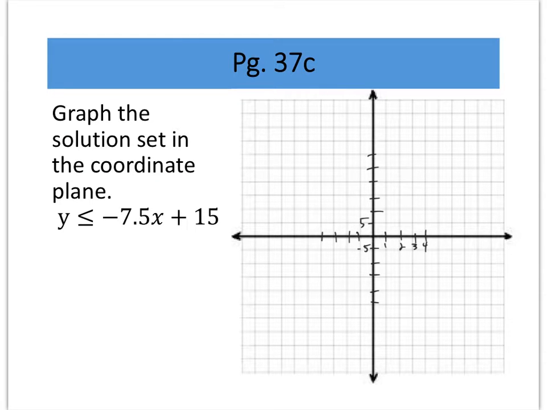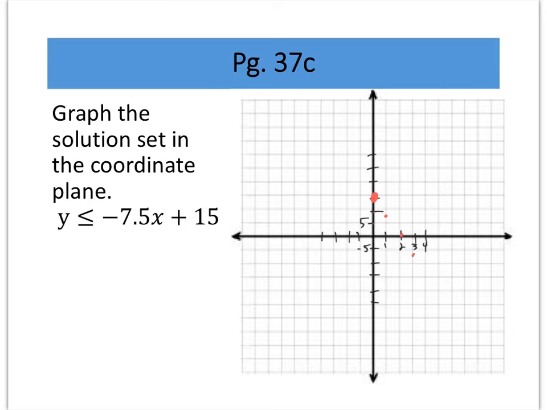So I start at positive 15. Start at positive 15, and my change in y over change in x is negative 7.5x. So it means I'm going down 7.5 and over 1, down 7.5 and over 1, down 7.5 and over 1.